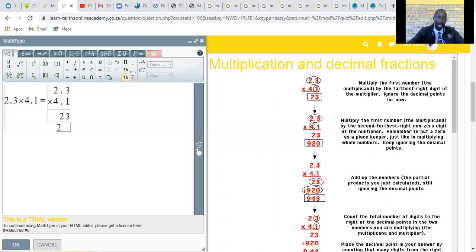Now, when we multiply 4 by 2 and add the carried 1, what we get is a 9. Now, this 9 stands right in front of 2, right here. Okay.